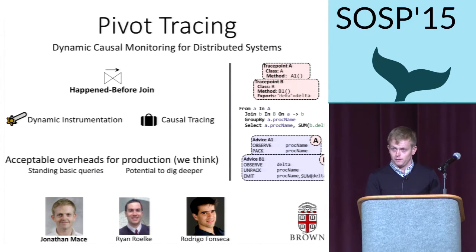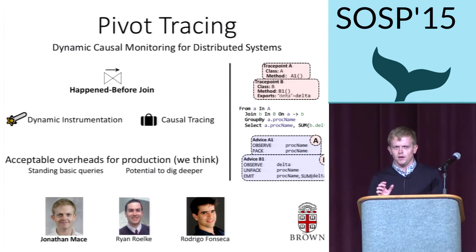So by this, do you mean the baggage? I'm sorry, the baggage, yes. Yep. So that's a really good question, because there isn't a tight coupling between Pivot Tracing and the propagation of this baggage. And there are other applications where you might want to use this metadata propagation. It's really nice to be able to propagate things alongside a request. With Pivot Tracing, we only really supported simple data types.